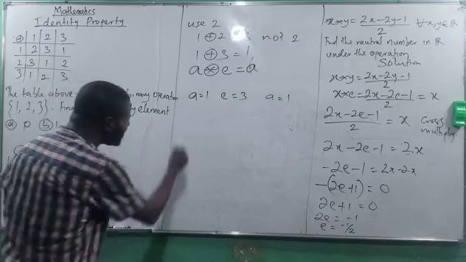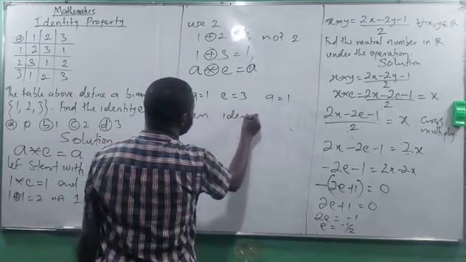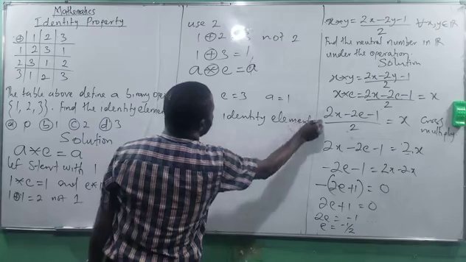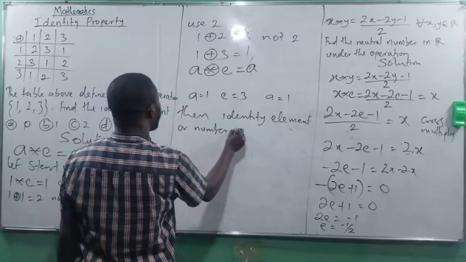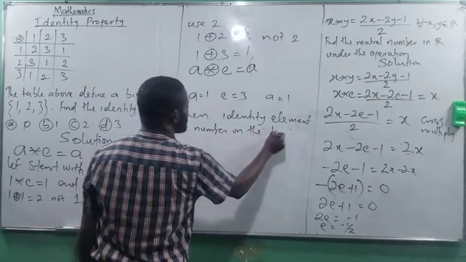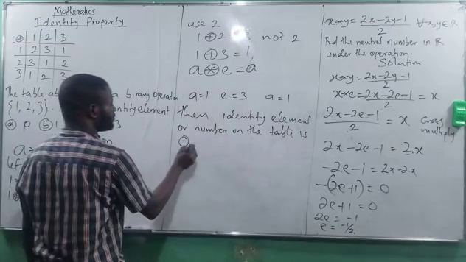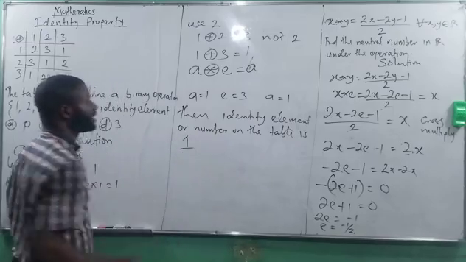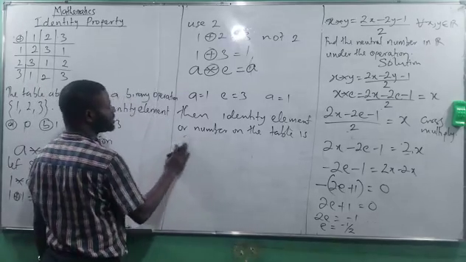That then the identity element on the table is 3.